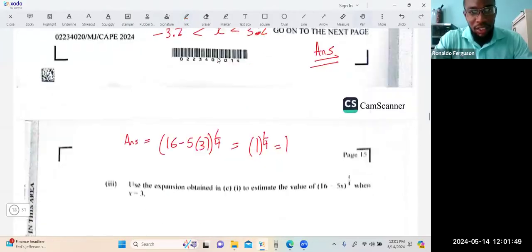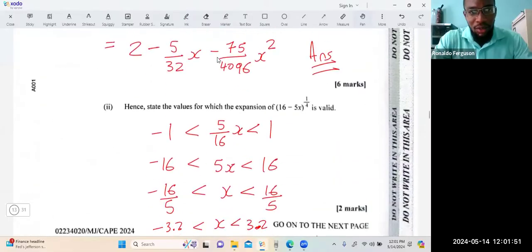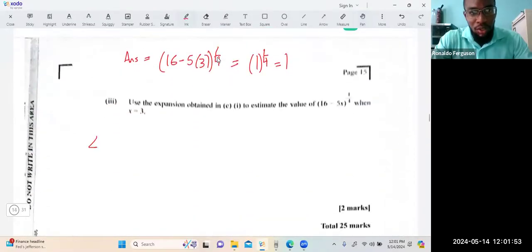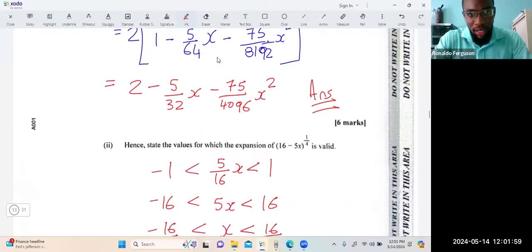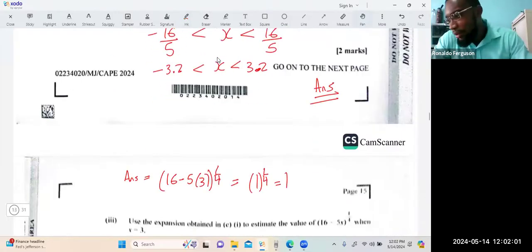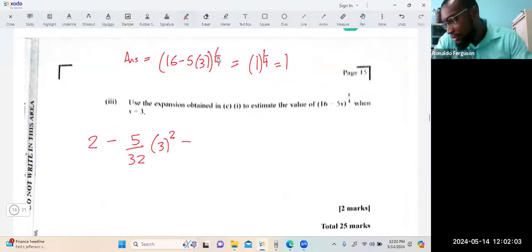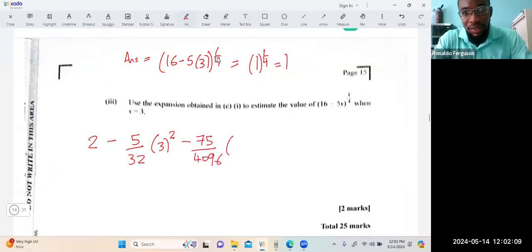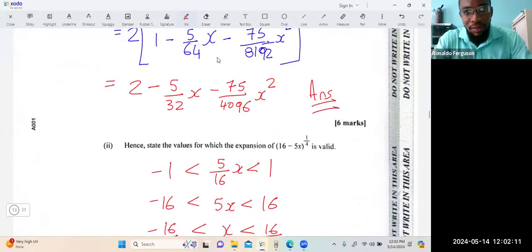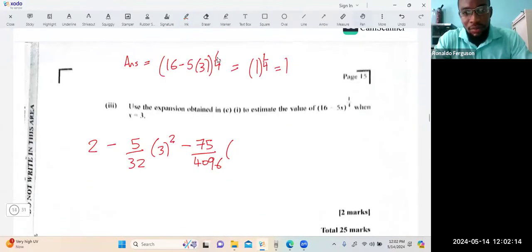So using our expansion, it is now 2 minus 5 over 32 times 3 squared. Put x as 3. Then minus 75 over 4,096 times 3 squared. So just plug in x where we had.